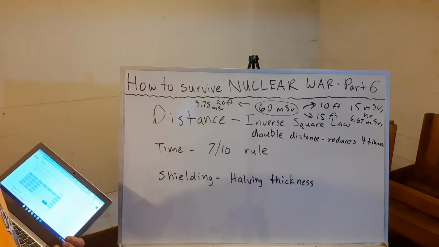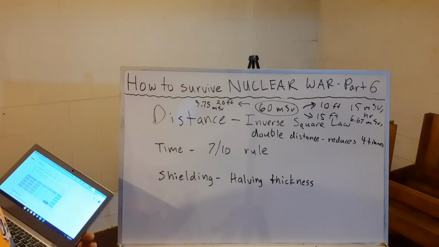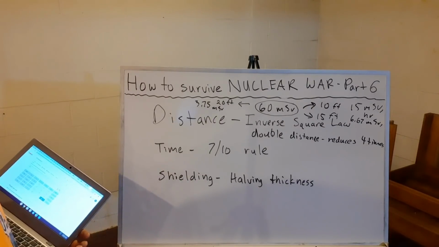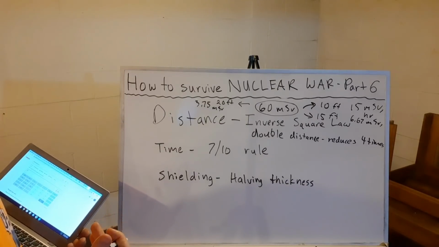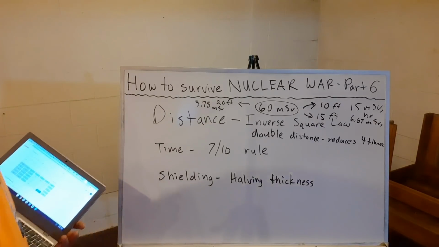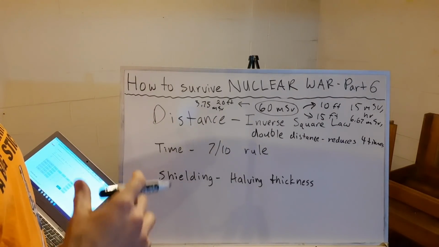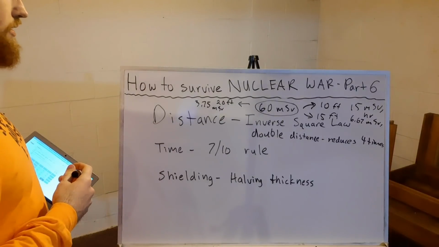The fallout is going to settle on the roof and on the ground. Anything that can collect the fallout is going to settle on that object. So typically the ground and the roof of structures is where most of the fallout is going to be. So just by moving to the center of a structure, you're reducing the radiation quite significantly.